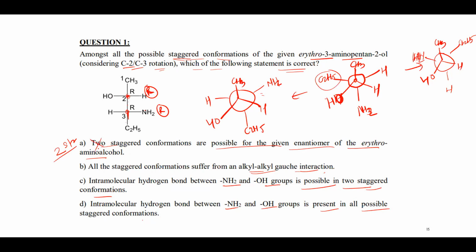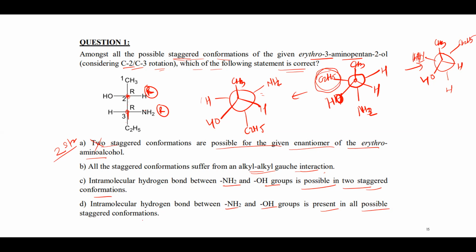This is the wrong option, obviously, because there are always three staggered conformations possible for rotation across the bond, right? Because there are 1, 2, 3 positions available, so we can move the molecule in all possible ways. So let's focus on this CH2 C2H5 group.